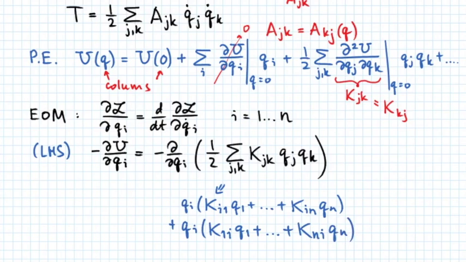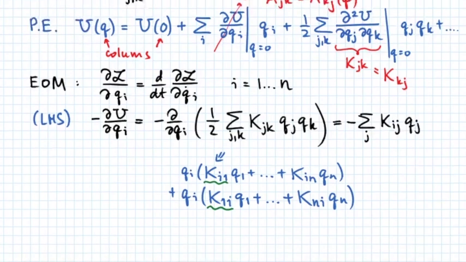When we differentiate it and use the fact that these terms are equal, because the K matrix is symmetric, we obtain that this partial derivative is equal to a sum of k sub ij times q sub j.